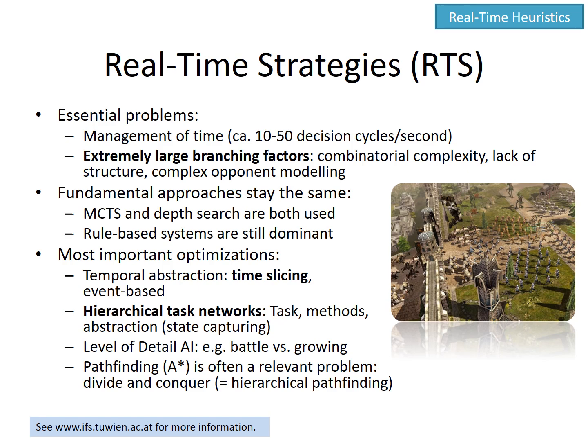In the literature, I found that it is assumed that on average, management of time requires you to do like 10 to 50 decisions per second for unit movement, for management of units or cities or growth centers or whatsoever.